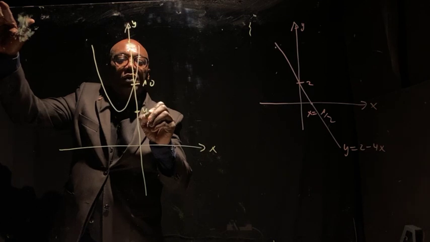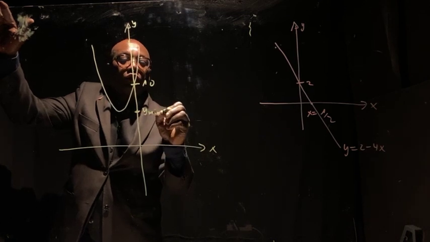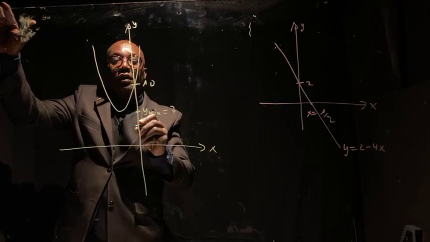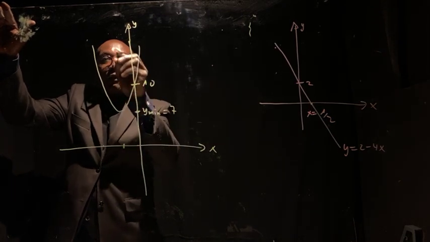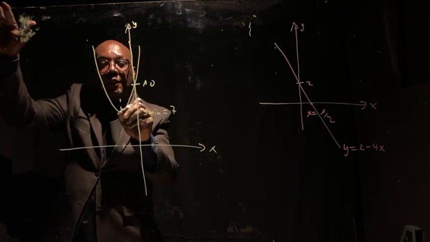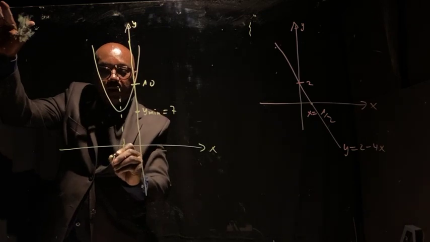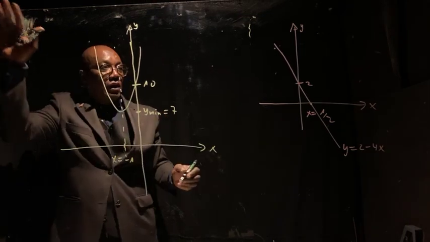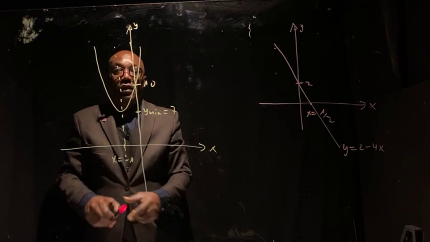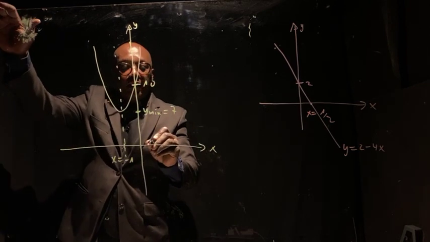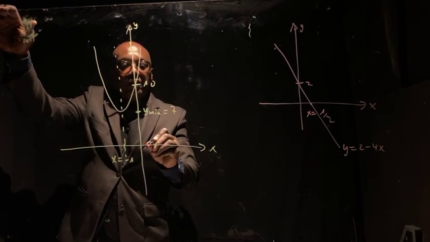This was the y minimum, which was 7. And this was the line of symmetry, x equals minus 1. Now, if we blend this one and this one together on the same axis, we can see that it will be something like this.